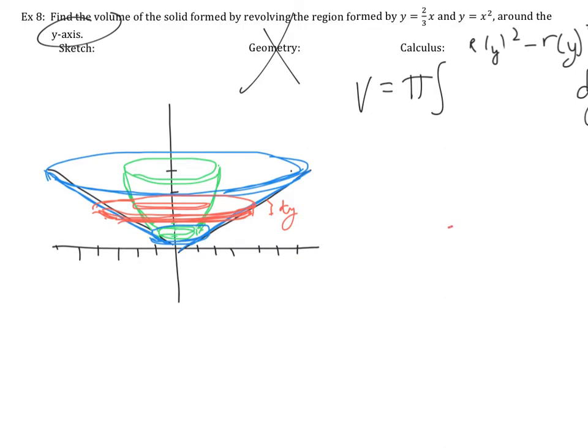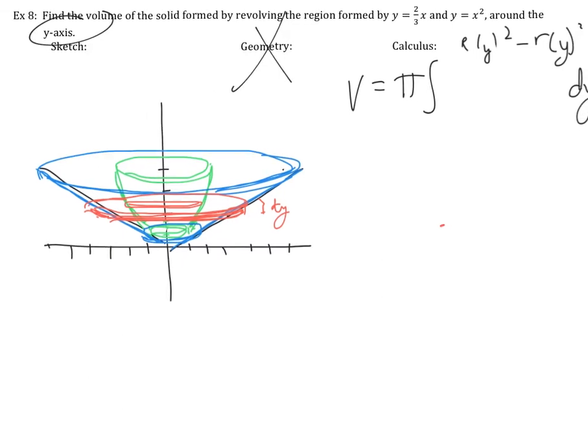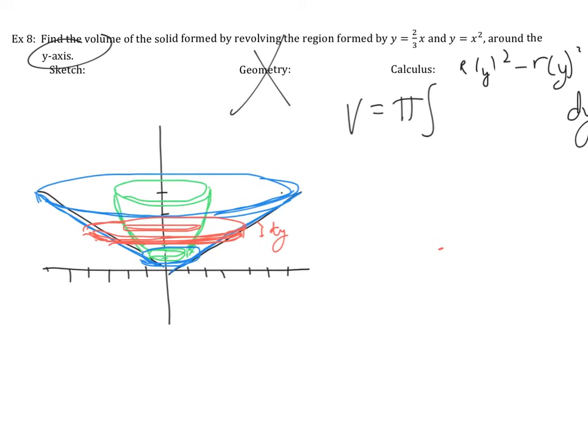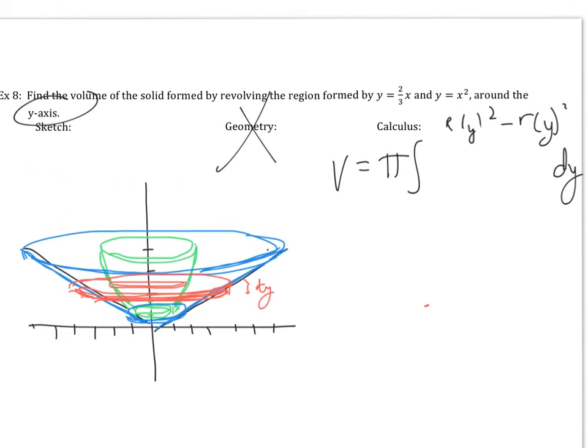Okay, sometimes it actually helps to draw one of those slices that I'm taking. The outer circle of my slice is going to be my linear function, as we said, because that's my rightmost function. So my linear function is y equals 2/3 x, but I want to have that in terms of x.